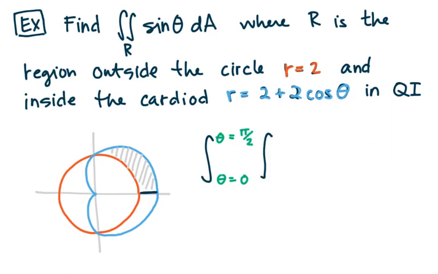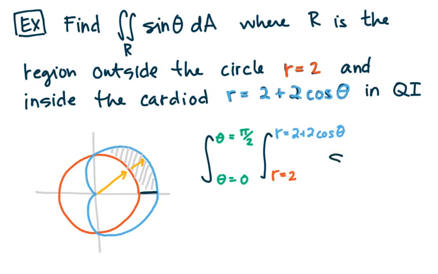My second bounds of integration. So when we look at doing this, we're going to go from the center out. The first thing we reach is r equals 2. The second function we would reach would be r equals 2 plus 2 cosine theta. So those are my bounds.